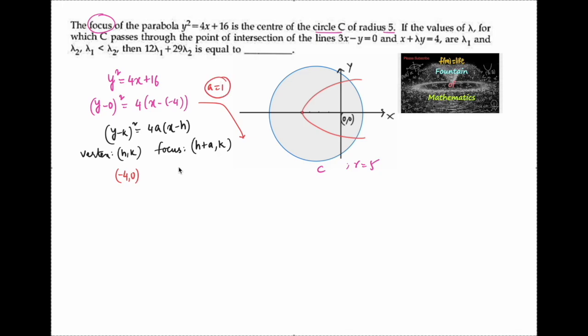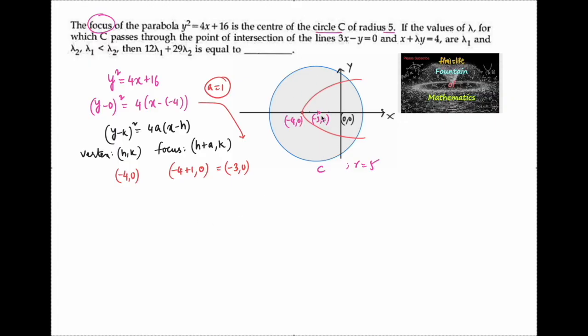So we can write the focus is minus 4 plus 1 comma 0, that is minus 3 comma 0. So the focus of the parabola is minus 3 comma 0 and the vertex of the parabola is minus 4 comma 0.